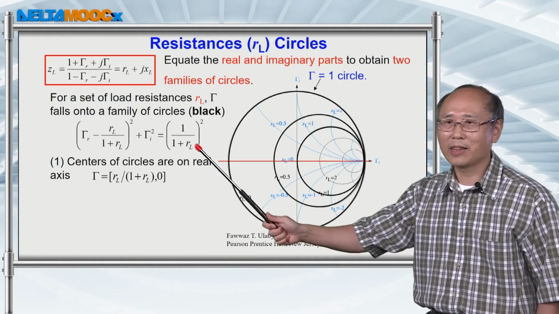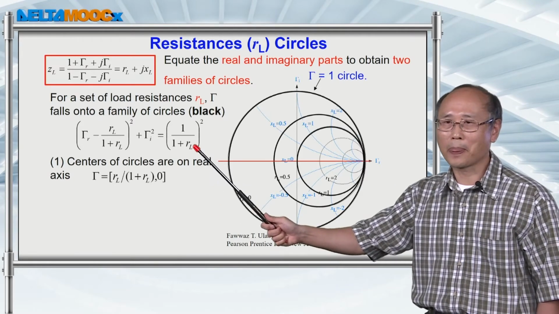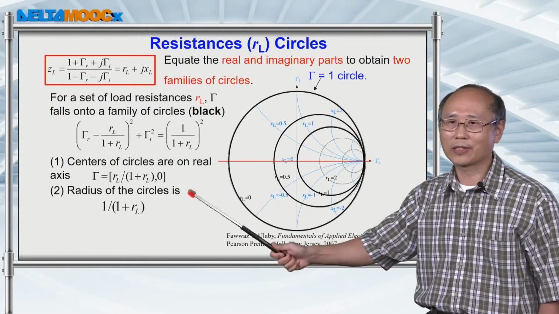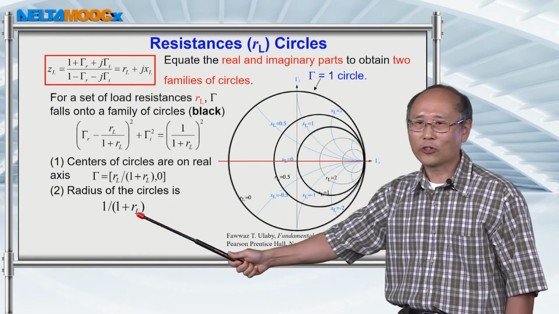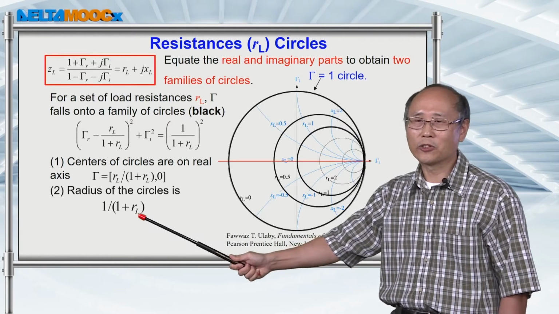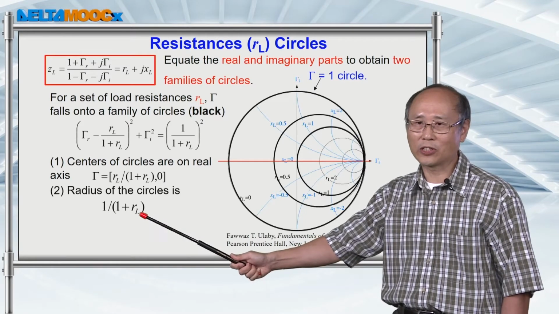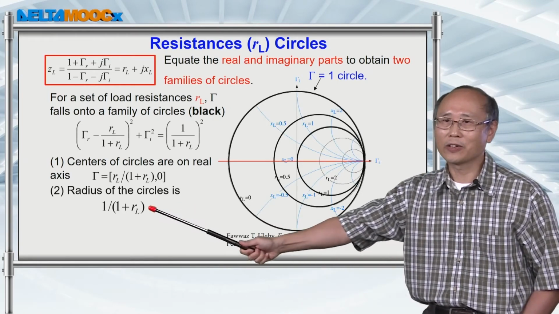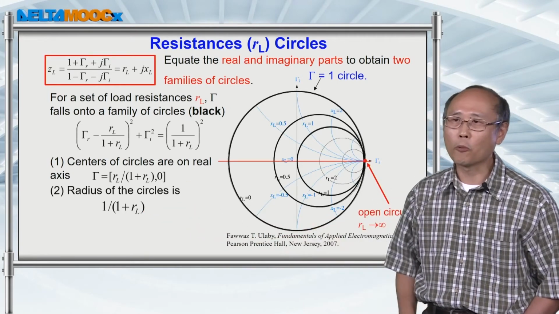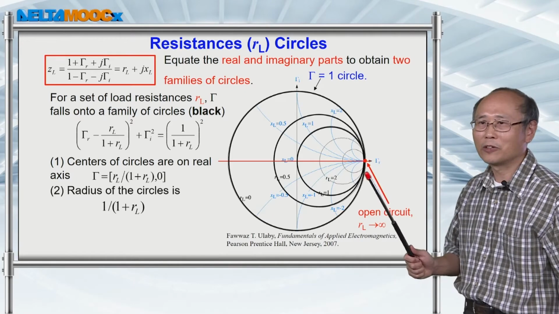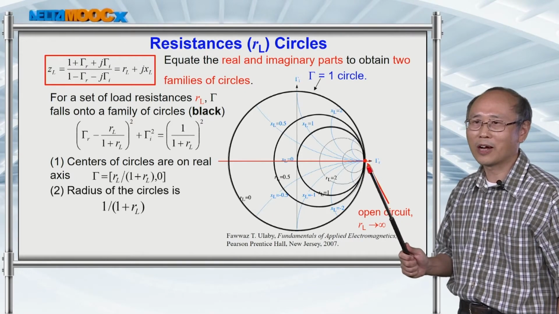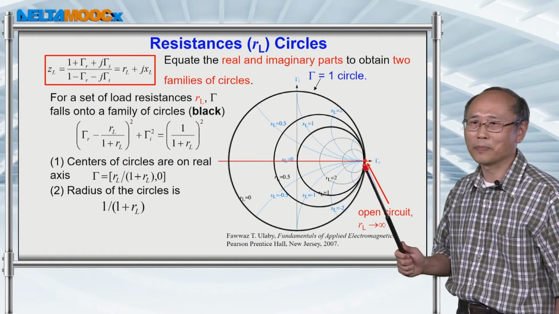And then now we can look into the radius of this circle, which is 1 over 1 plus RL. So if you change the value of RL, you change the radius of the circle. For example, if you have RL equal to infinite, which is the open circuit, then the radius of the circle is going to shrink to 0 at this point.